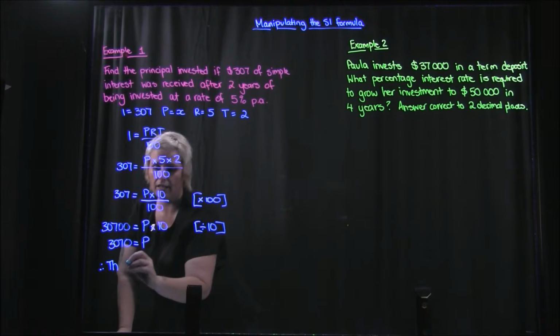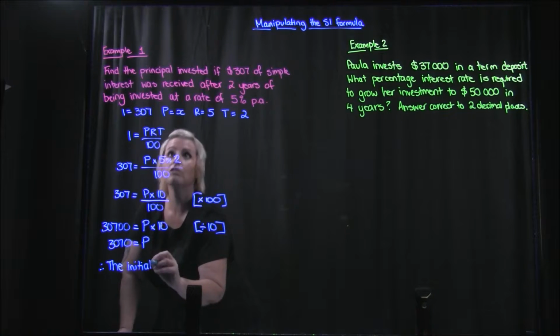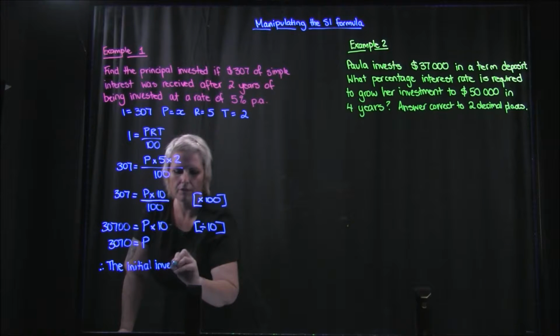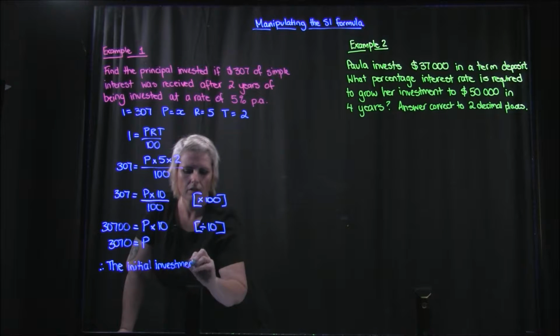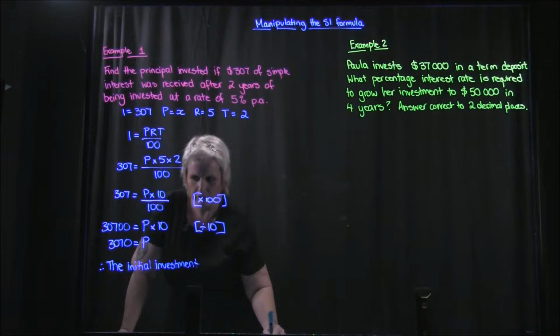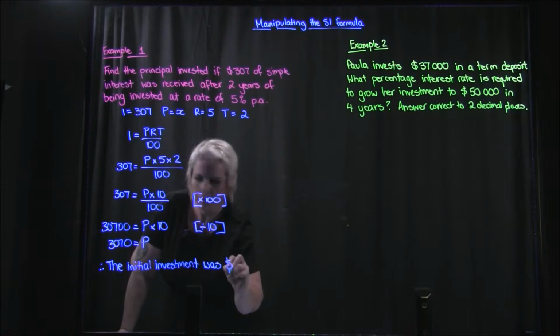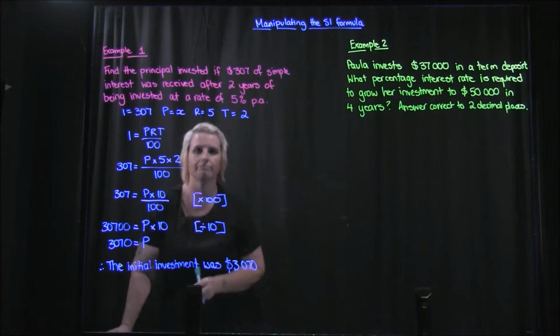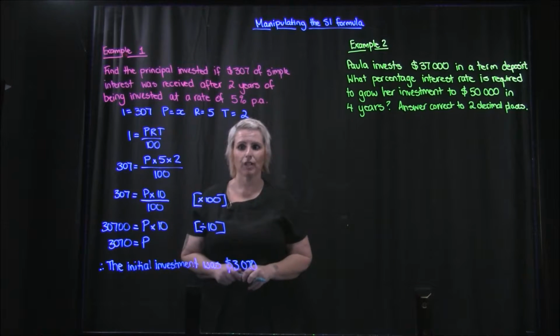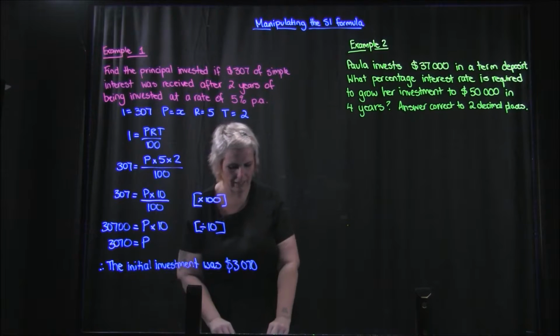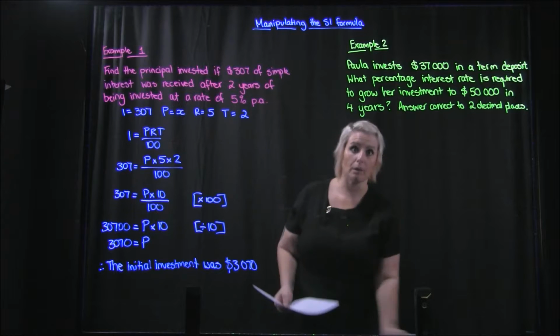Now I've got P and an amount that it equals. So the initial investment, yeah, it is an investment, was $3,070. Yep. So not really any different. You just have to remember the flipping over so that you can get the P as the subject of the equation.